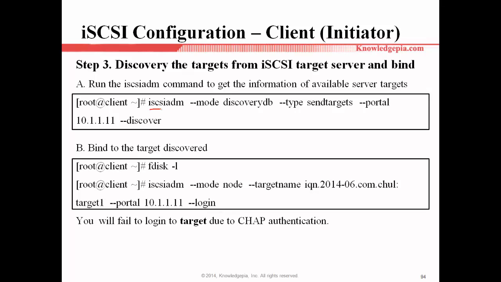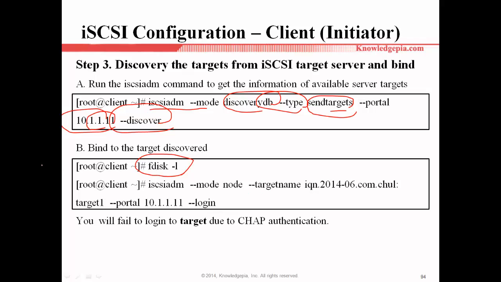First, iscsiadm -m discovery with the db option, and the type, which I already explained, sendtargets. The sendtargets type uses an IP address. In my case, 10.1.1.11 is the iSCSI server, using the discover option. After that, fdisk -l, and maybe you will see only your own hard disk information.